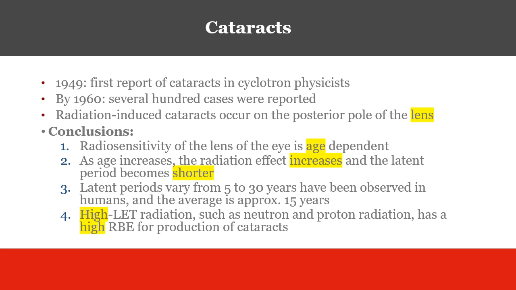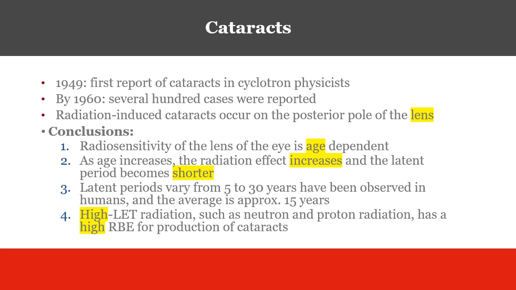After Lawrence developed the cyclotron in 1932, the first case of cataracts seen in cyclotron physicists was in 1949. At that time, the cyclotron physicists were in one room, and there was a high beam of particles extracted through a tube and steered by electromagnets onto a material in an adjacent room.